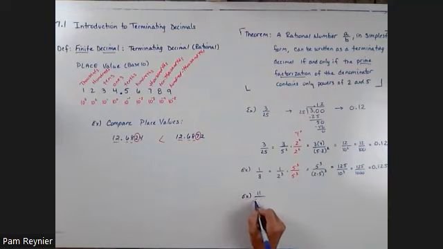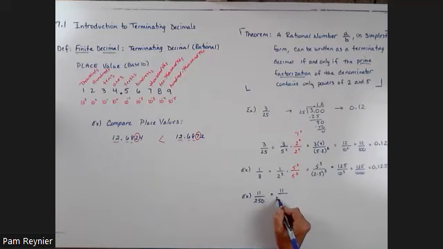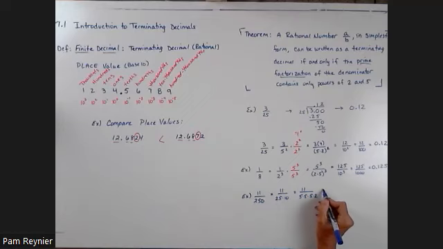Let's say I give you 11 out of 250. So you can kind of watch, I'm going to prime factor the denominator. This is the same as 25 times 10. So that's the same as 5 times 5 times 5 times 2. That's 5 to the 3rd times 2 to the 1st. And remember, I want a bunch of 10s in the denominator.